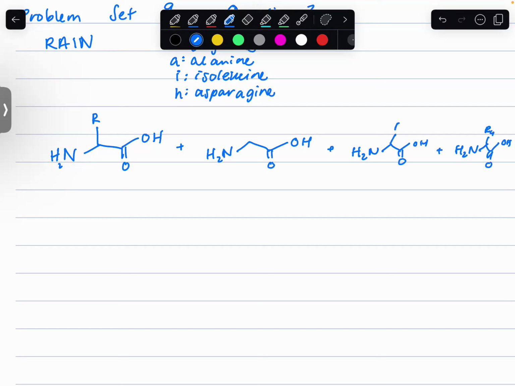And we're going to do that down every single amino acid. So this becomes NH. And we have our R1 here and our R2 here. We're going to replace now this OH with the next NH.